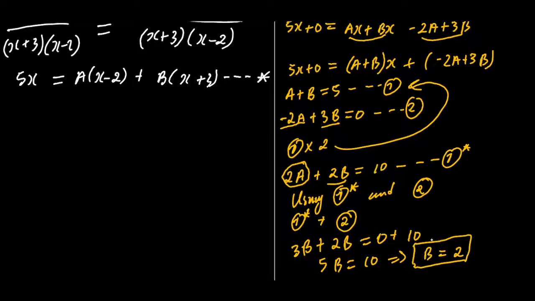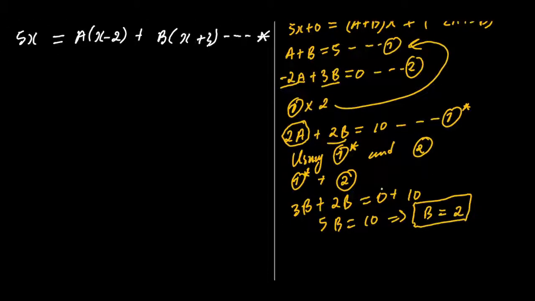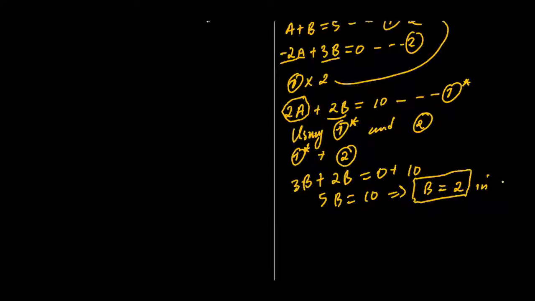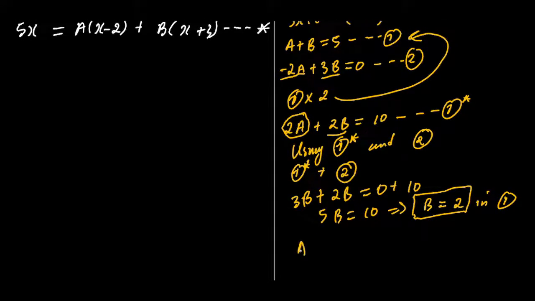So we have our value of B to be 2. We can simply substitute this value of B equal to 2 in our equation 1. Equation 1 says A plus B equal to 5. So A will simply be 5 minus 2, which will be 3. Therefore, A will be 3.